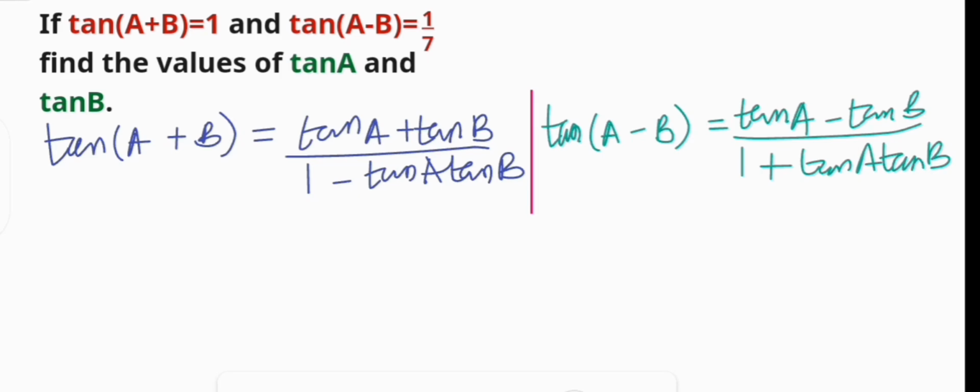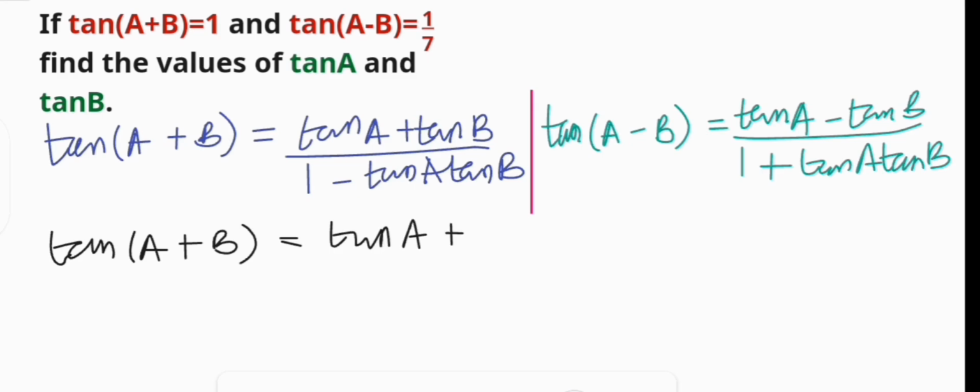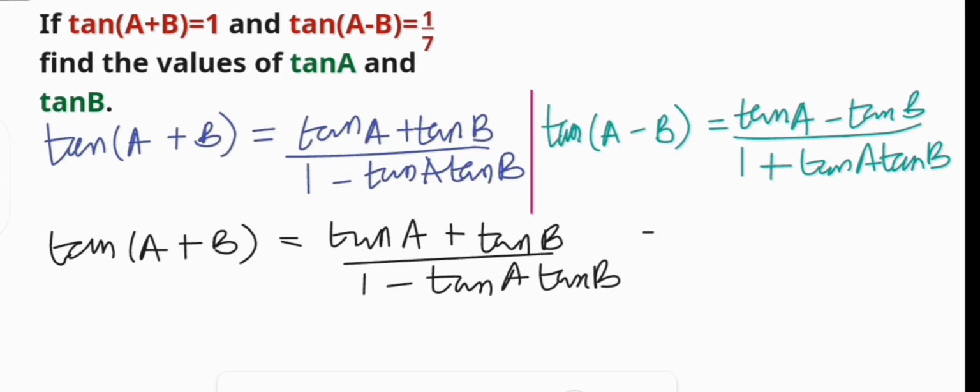These values are given to us as 1 and 1 over 7 respectively. So from the first, which is tan(A+B), we have tan A plus tan B over 1 minus tan A tan B, and that is equal to 1.